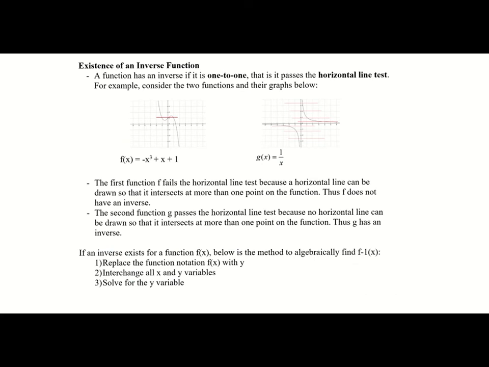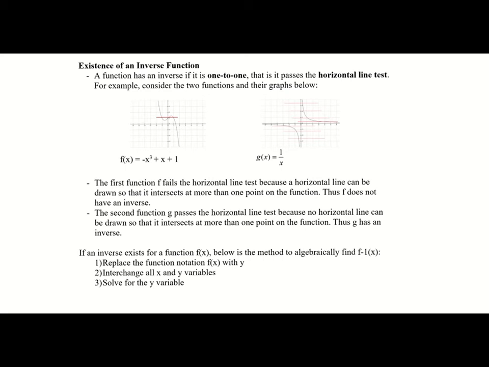Next, we are looking at the existence of an inverse function. So not all functions have an inverse. In order for a function to have an inverse, it has to be a one-to-one function. So what that means is we know functions pass the vertical line test to be a function. It also has to pass the horizontal line test.